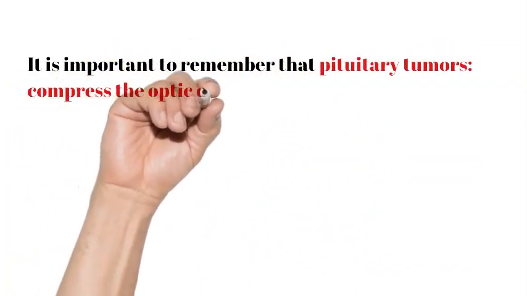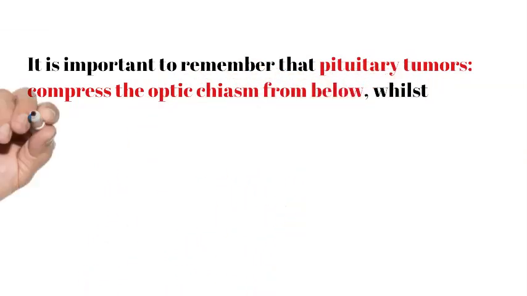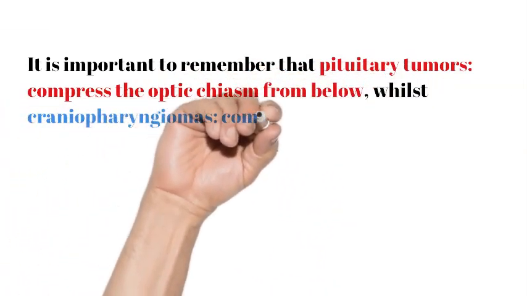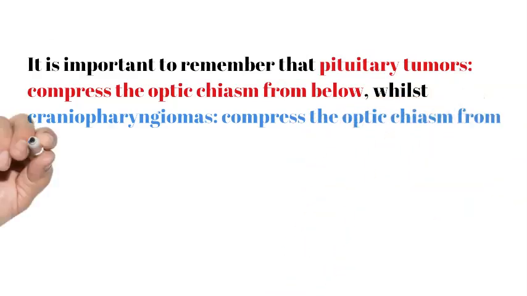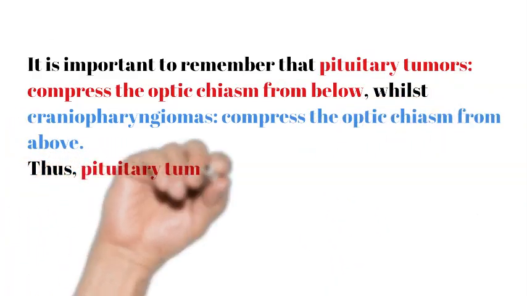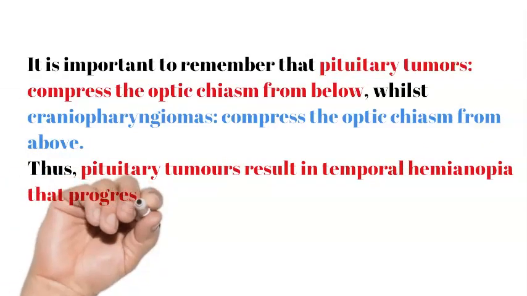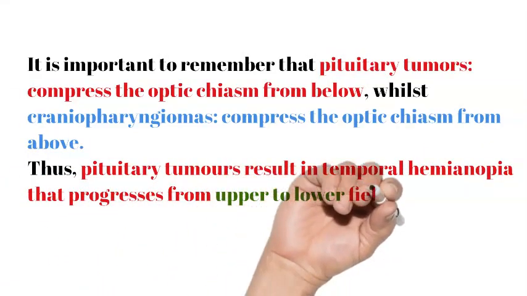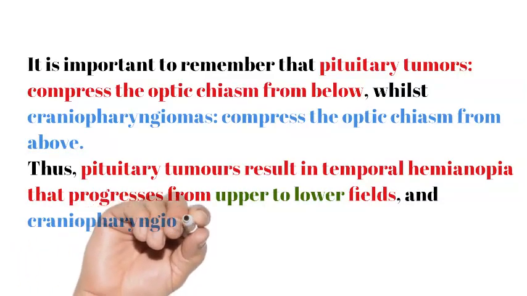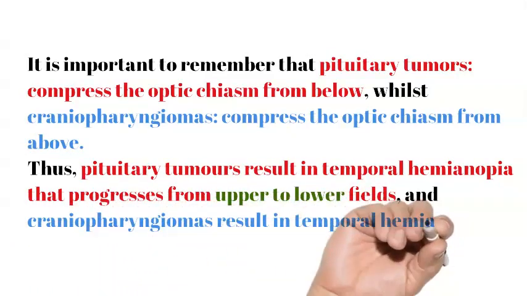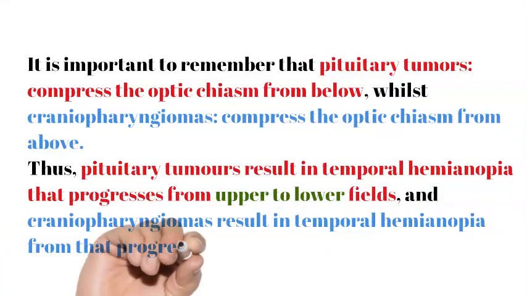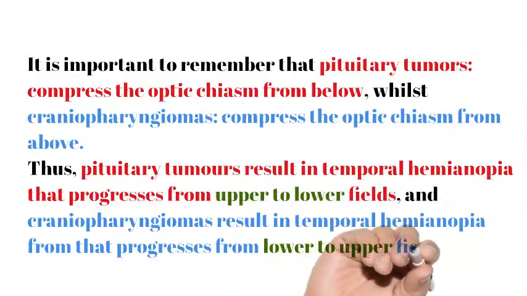It is important to remember that pituitary tumors compress the optic chiasm from below, whilst craniopharyngiomas compress the optic chiasm from above. Chiasmal compression from below affects the lower nasal, upper temporal field fibers first, then the upper nasal fibers.